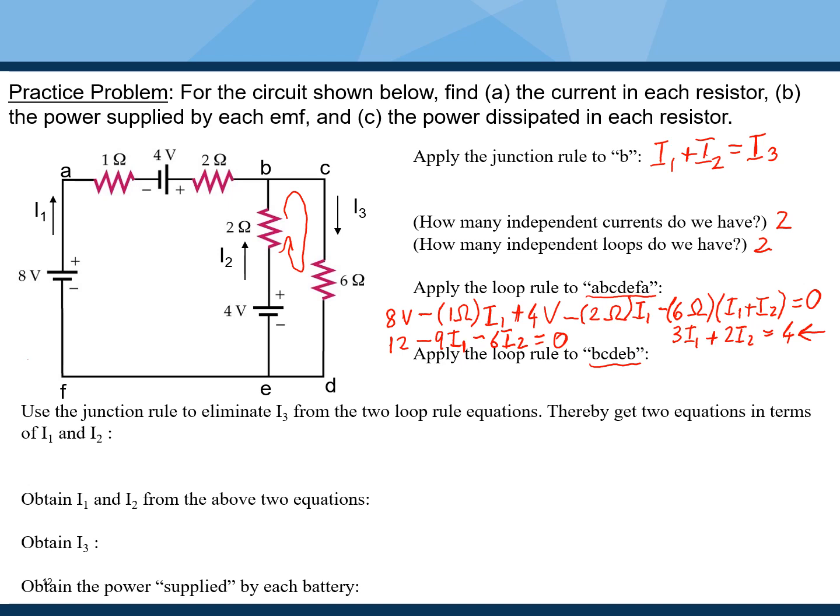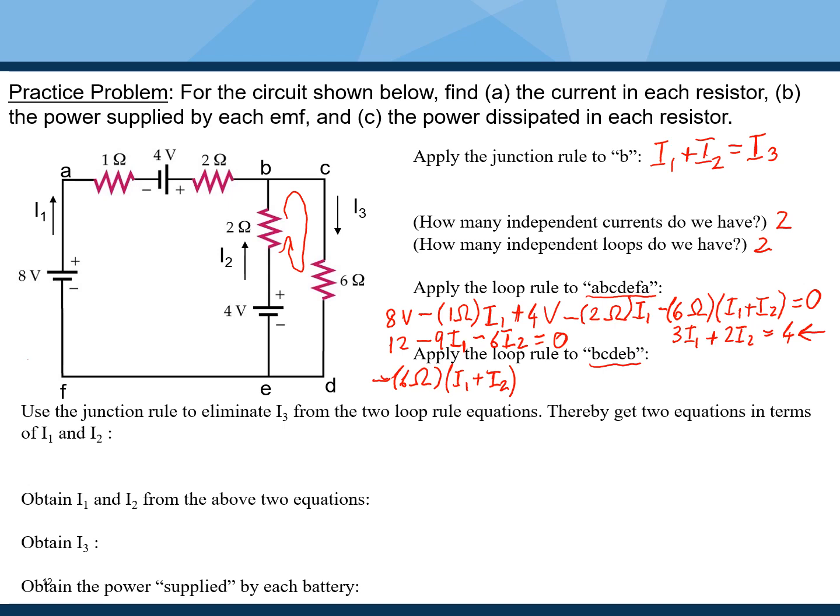So let's start at C and go down to D. So we have minus 6 ohms times I3. And we follow our principle, which is that we immediately erase I3, and in place of it we put I1 plus I2.